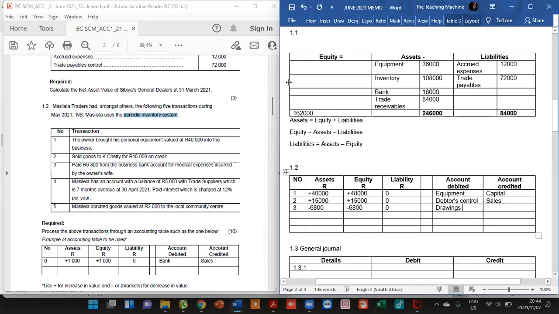So drawings will be affected. Okay. Yes, Tanatwa. Yes, Galaxy Note 20. The bank will be credited since the bank will decrease by this amount of 6.8. Bank is an asset. Assets decrease on the credit side.